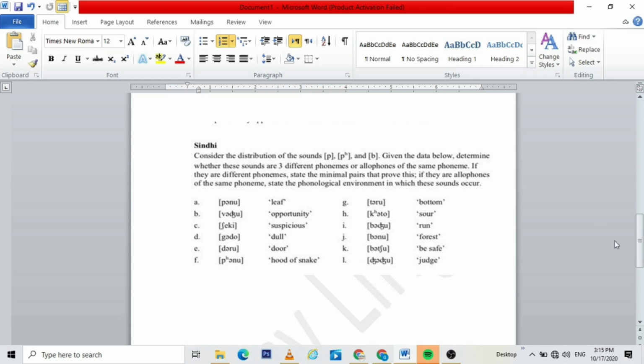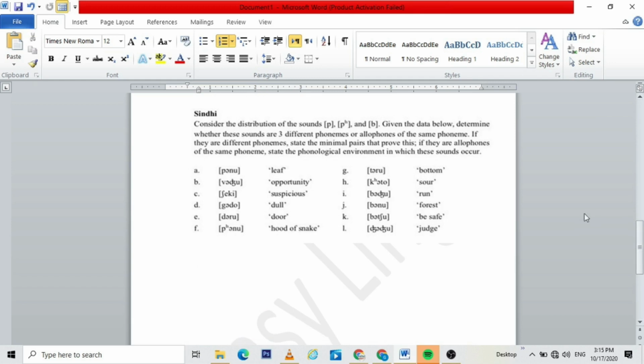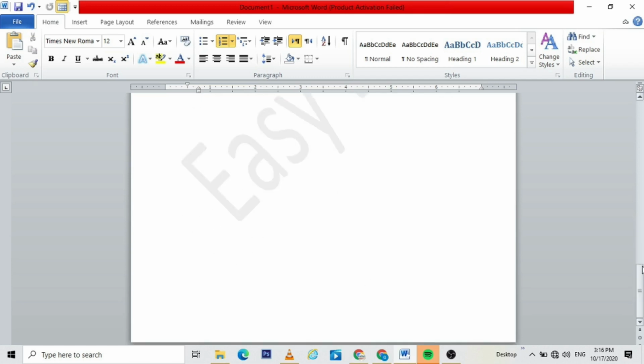So here is a language, and we have three sets of sounds, p, p aspirated, and b. And so we have to figure out whether these three different sounds are allophones of the same phoneme or just three different phonemes. To do that, we have to look for minimal pairs.